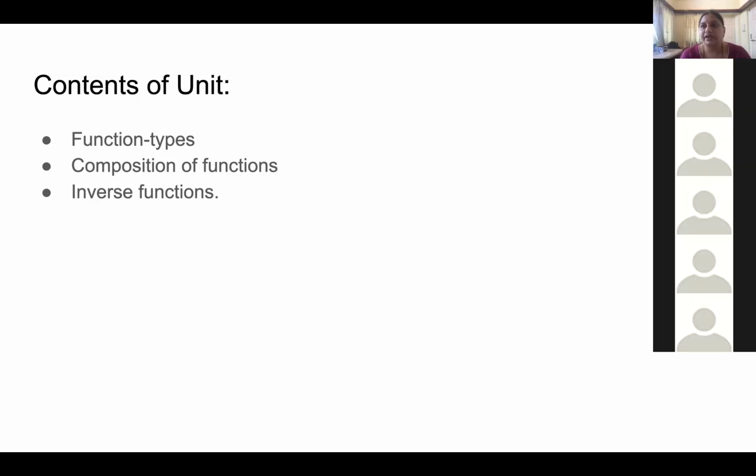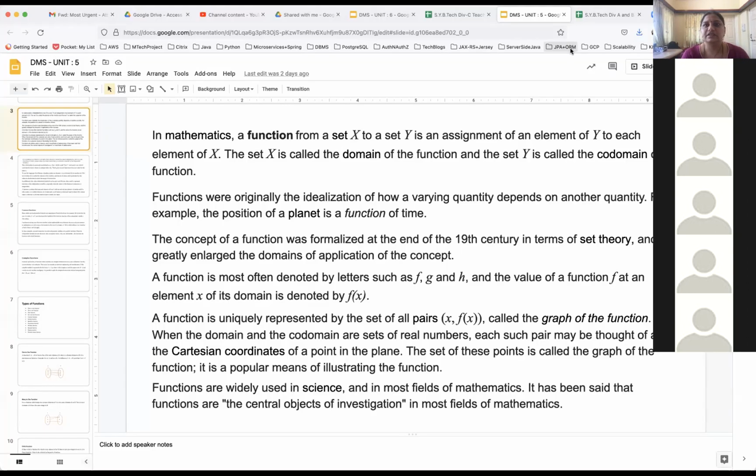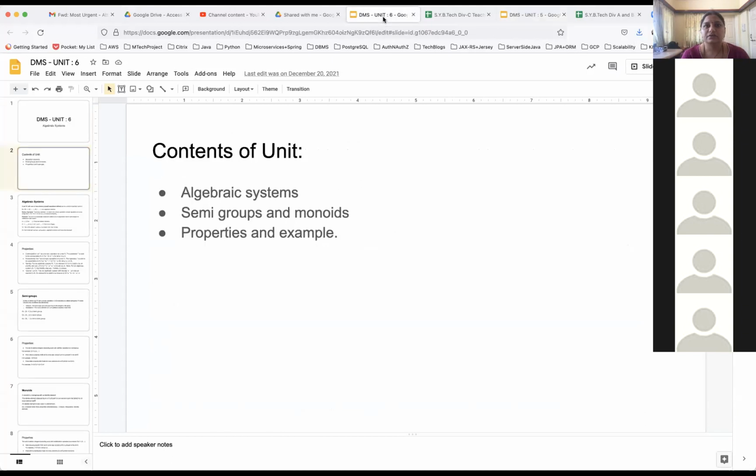All of you have got that link of MCQs for chapters 1, 2, and 3? It is given in the teaching diary. You can see there.